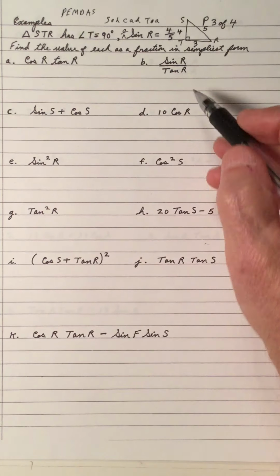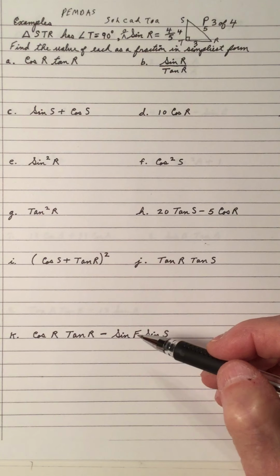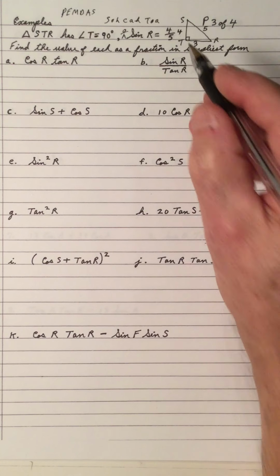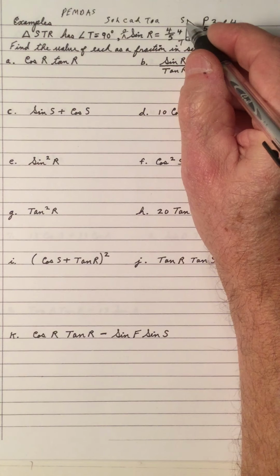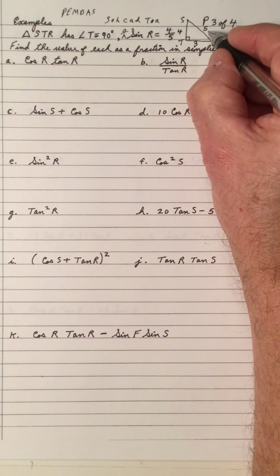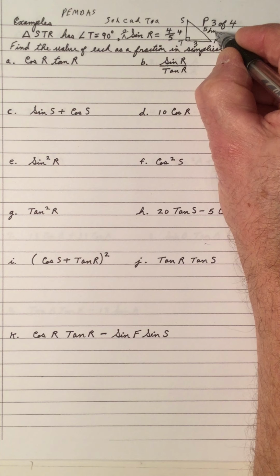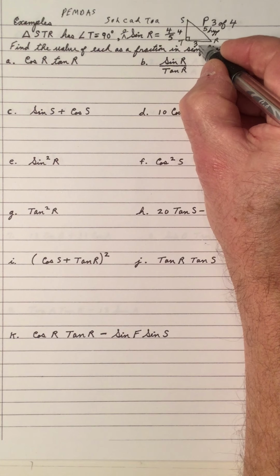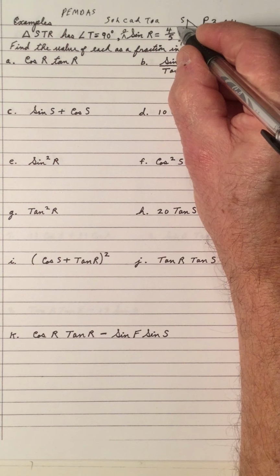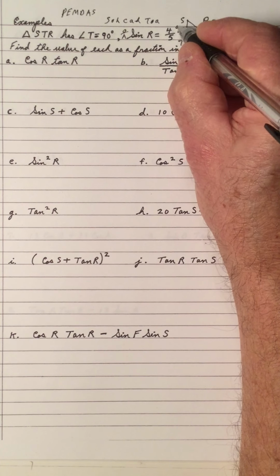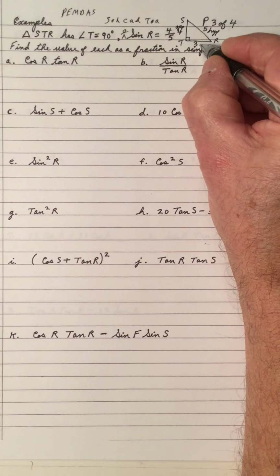All the calculations on all of these questions obey the order of operations. So here's the triangle, and this is the hypotenuse, HYP. This is the opposite in relation to R now, so that's opposite, and that's adjacent.